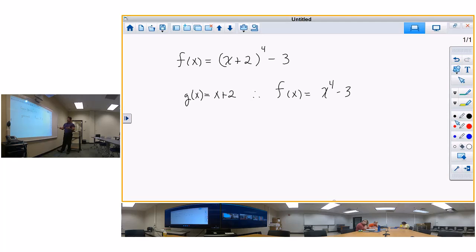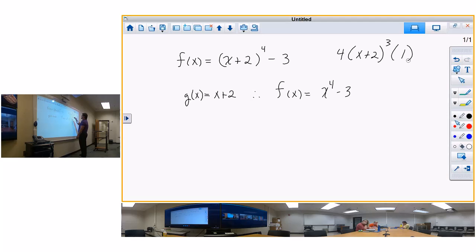And if you do all that, you're going to get the chain rule of 4 times x plus 2 to the 3rd power times 1, which is 4 times x plus 2 to the 3rd power. Okay? And that's what they're doing. So this right here is what they're doing in the book.